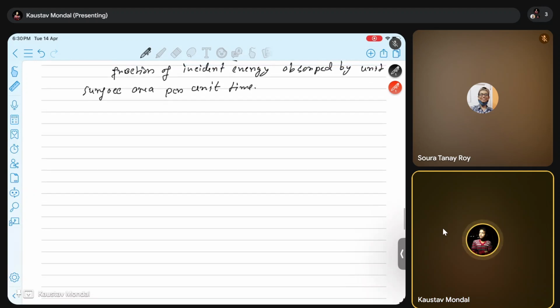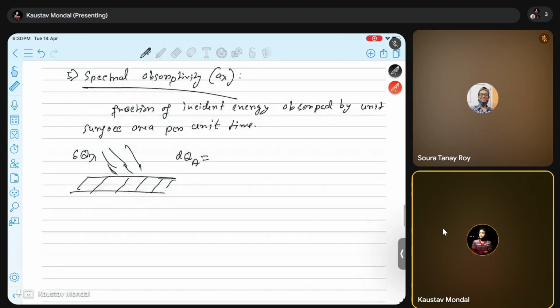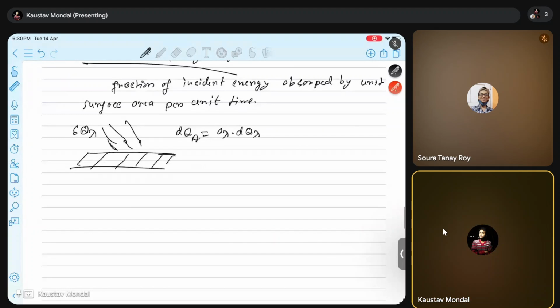Let's suppose delta Q lambda, that much energy, is incident onto a system, the incident energy per unit surface area and per unit time on a particular surface. In that case, the amount of energy that is absorbed, delta Q A, would be A lambda into delta Q lambda. That is the energy absorbed.